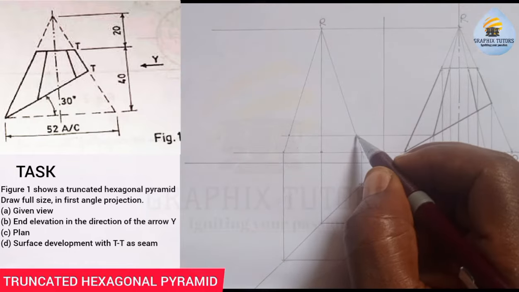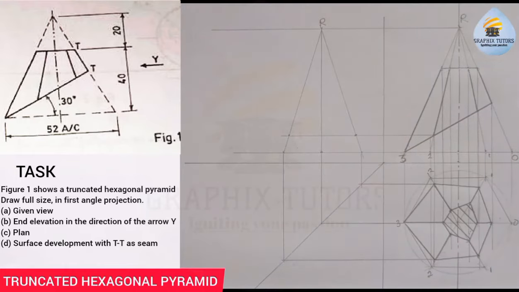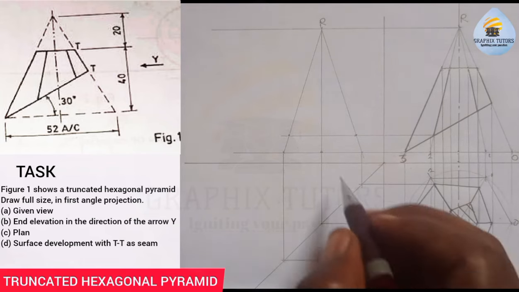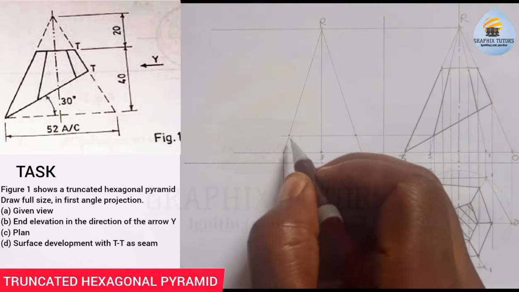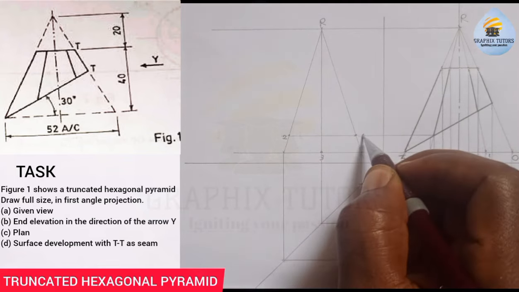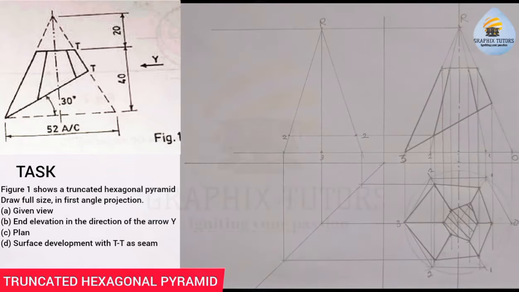So 2 meets 2 here also again. Can you see that? So we have this is point 3, point 2, point 2, right?